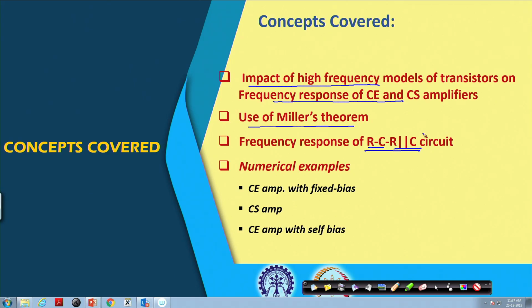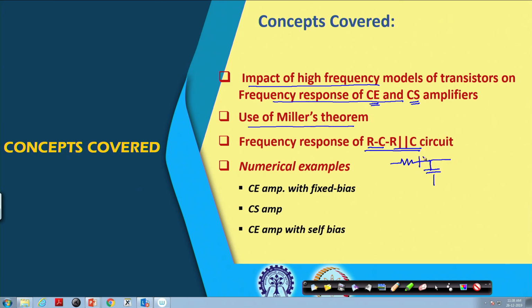We have discussed only RC and CR circuits, but whenever we talk about the equivalent circuit of common emitter and common source amplifiers containing the capacitances coming from the transistor, we will see that there is a need of an RC circuit followed by a CR circuit.